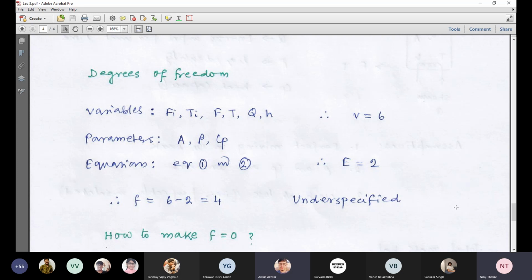Yes, sir. So one equation you have added. That's right.